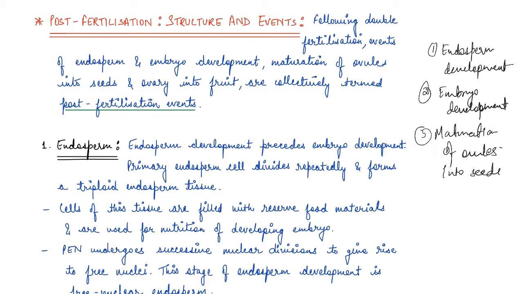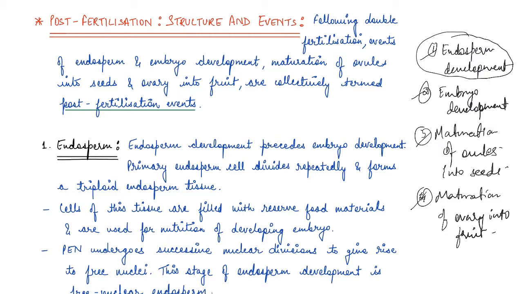Seeds. And maturation of ovary into fruit. Okay, so these four events collectively are known as post-fertilization events. So today we are going to cover the first two, which is endosperm development and embryo development.